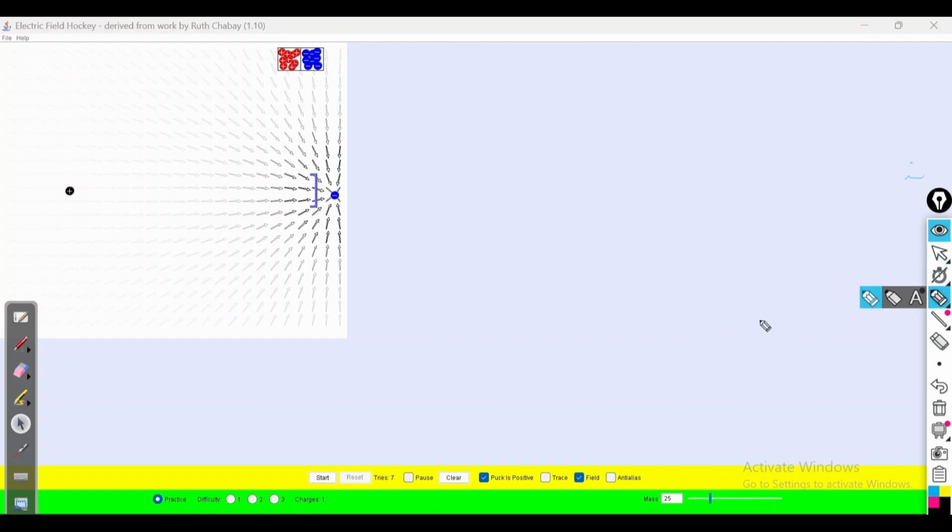This is a test charge, represented as Q naught. This is the source charge, labeled Q. There will be some force of attraction between this test charge and the source charge, because the test charge is present in the field around this negative charge. So let's start the simulation.